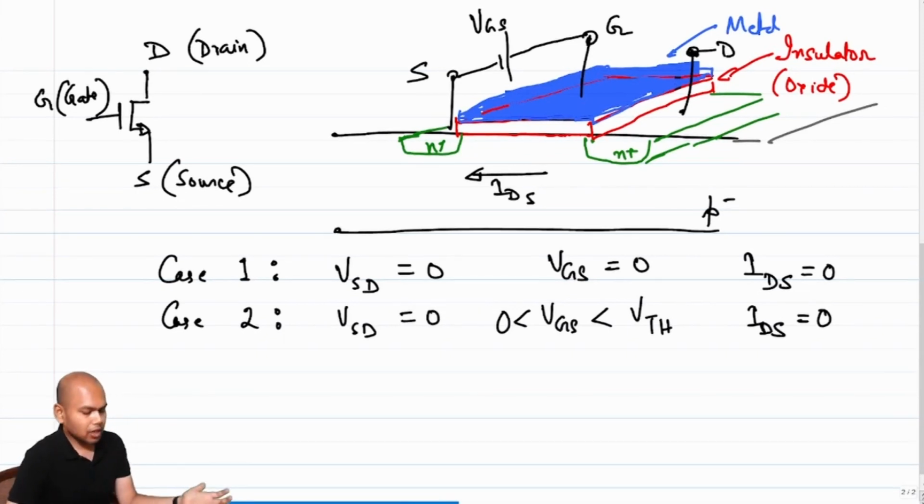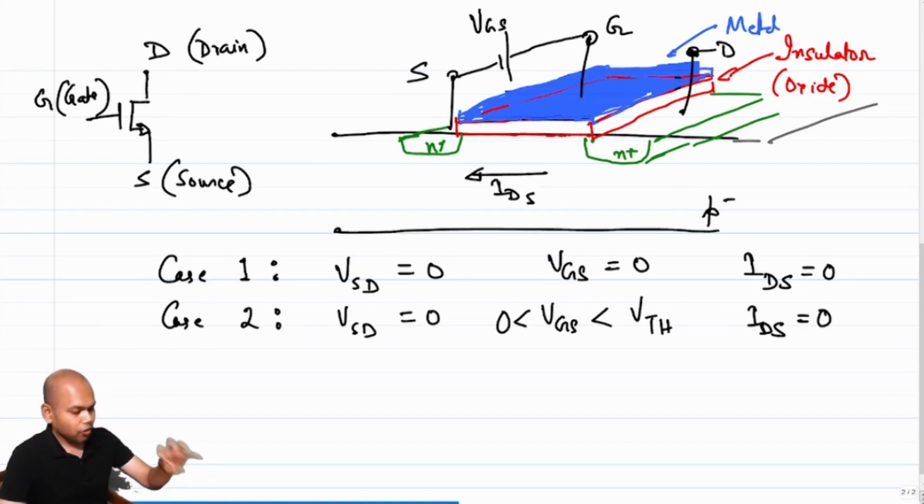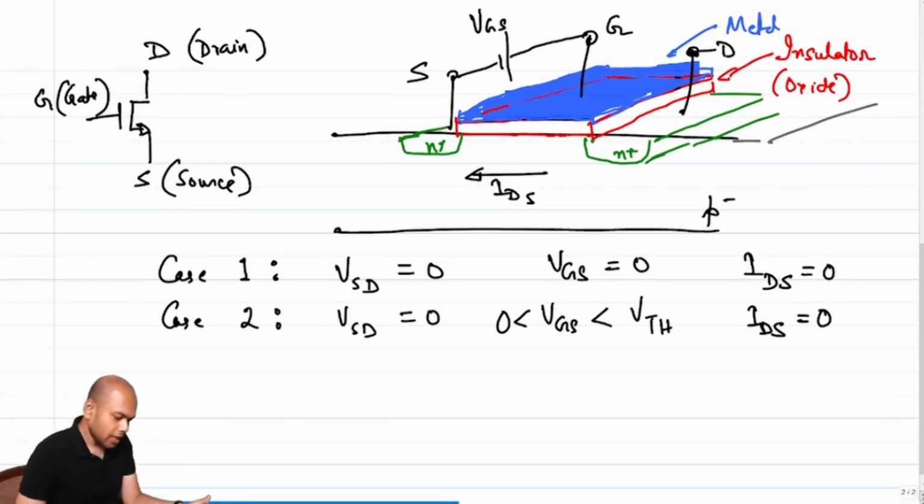Now, what is this concept of threshold voltage, and why is it relevant? Its relevance comes from the fact that if you apply a voltage between the gate and the source, you are implying that electric fields are generated at the gate and terminated at the source.